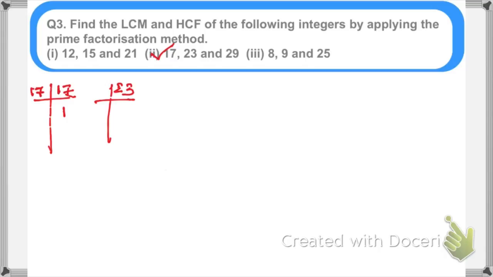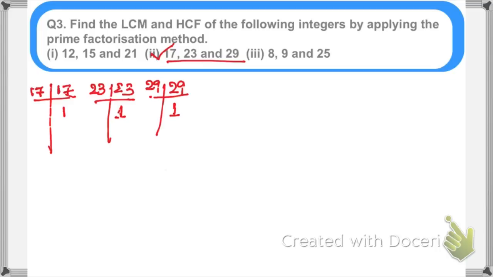The factor of 23 is again 23 itself, because 23 is again a prime number. And the next number is 29. As 29 is also a prime number, its factors will also be 29 only. As these 3 numbers are prime numbers, they cannot be divisible by any other number. That's why the factors will be the number itself and 1.